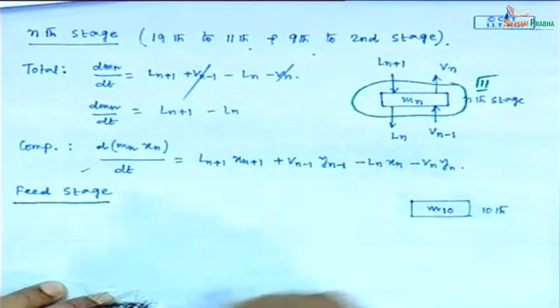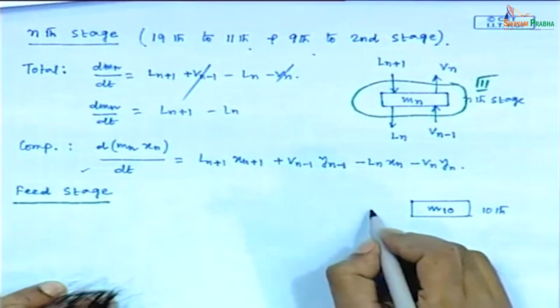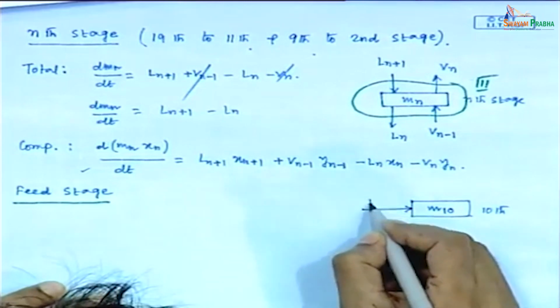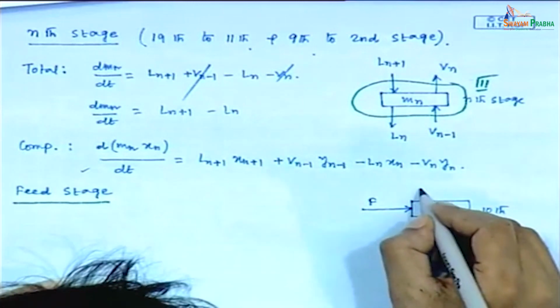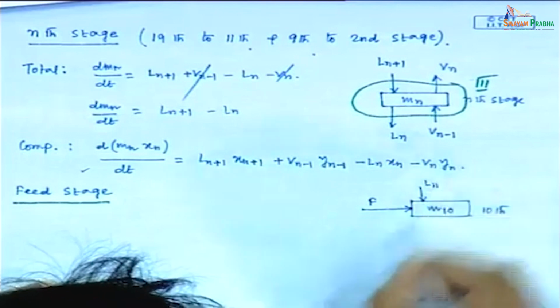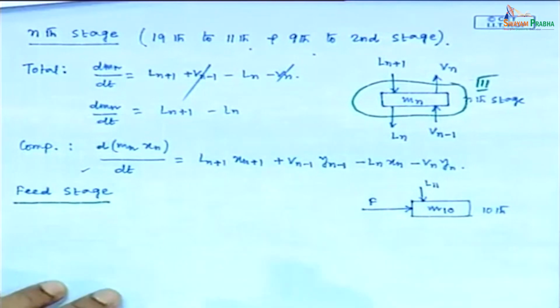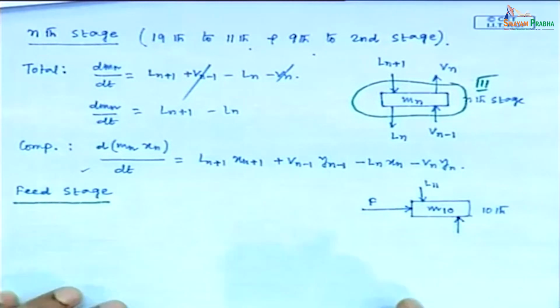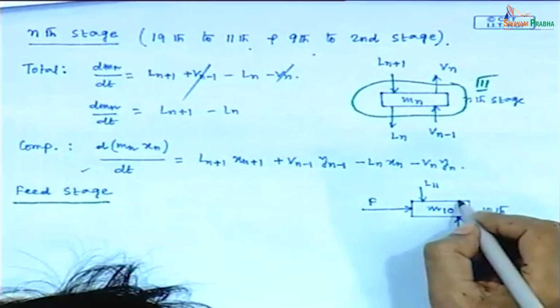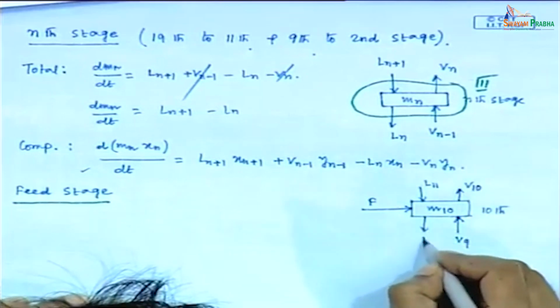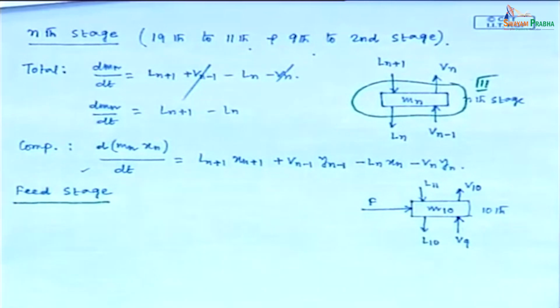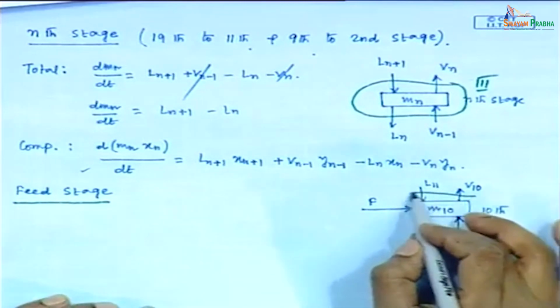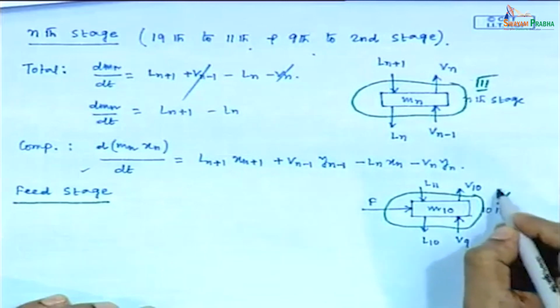The hold up will be M10, one input stream, that is the feed stream, another one is L11, the liquid which is coming from just above the feed tray, another input is the vapor stream which is coming from just below the feed tray, that is V9, and outgoing streams are V10 and L10. So, this is the fourth envelope.